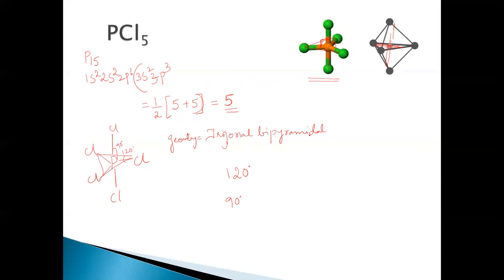And one more thing I want to specify here. I'll draw this again: P, Cl, Cl, Cl. So this is one plane of the molecule, right? And above the plane and below the plane, there are two other chlorines. These are called equatorial bonds. These are called axial bonds.